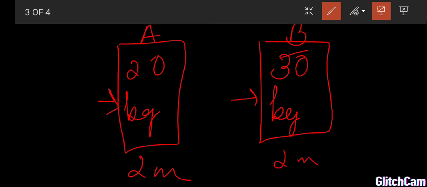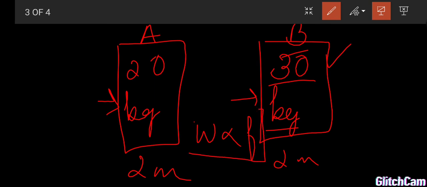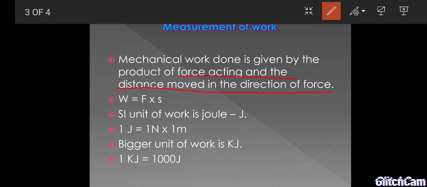So here the displacement is the same. In this case, which one did more work? The B one. Why? Because if the mass is increasing, you have to increase the applied force also. So the work done by B is more. From this we know that W is directly proportional to F. By this concept we derive W equals F into S.